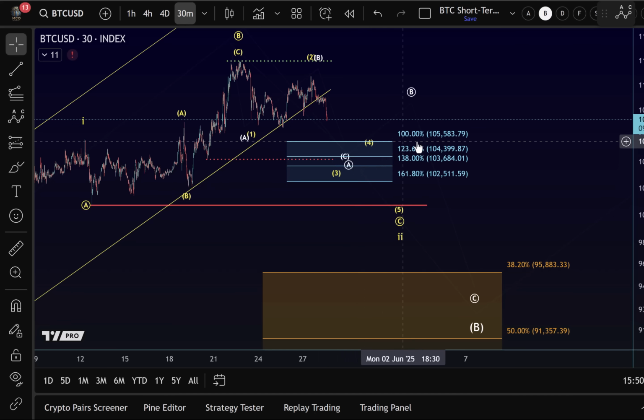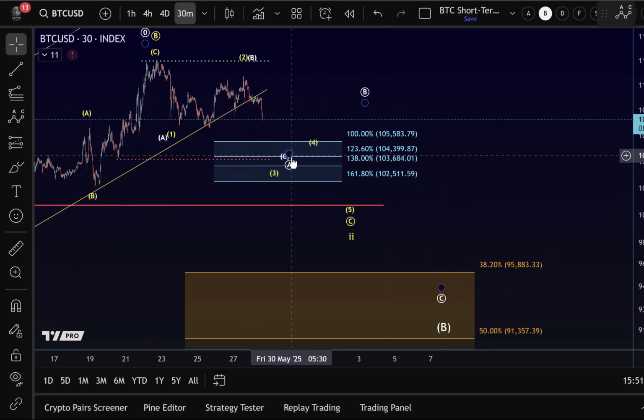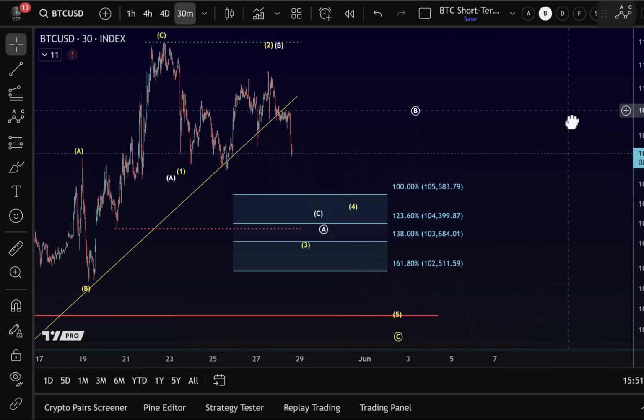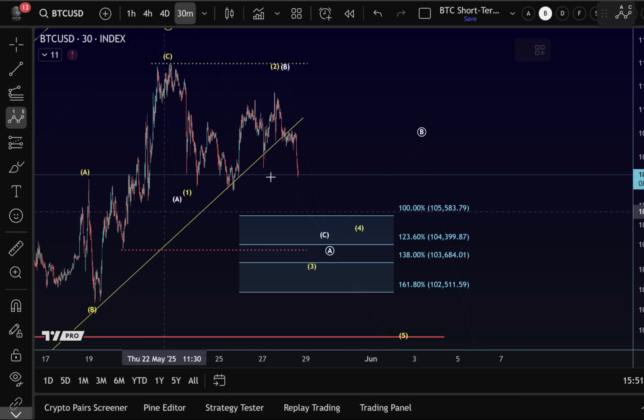Very common, the 100% extension to the 161.8% extension. So this is certainly what we are watching for currently here on the Bitcoin chart on this time frame. And if we get 5 waves down in wave C, let me add that to the chart.